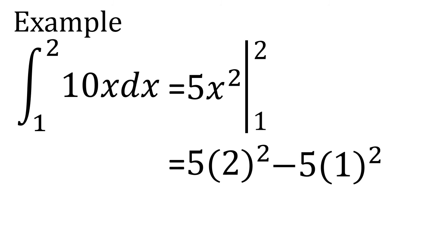So this will become minus 5 times 1 squared. 2 squared is 4 times 5, 20. 1 squared is 1 times 5, so 5. So 20 minus 5 is 15. Can you follow? Very good. Next.